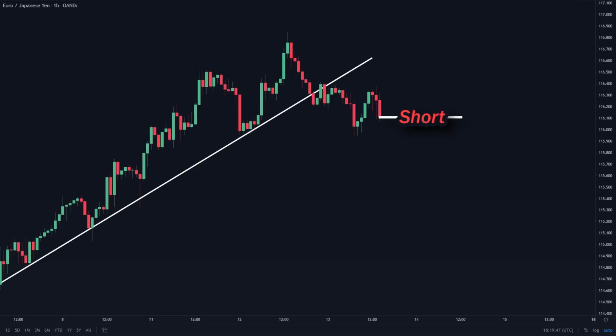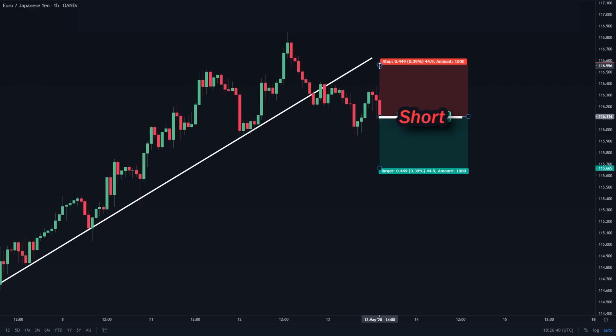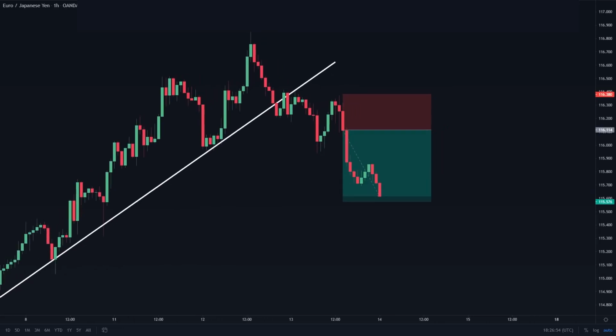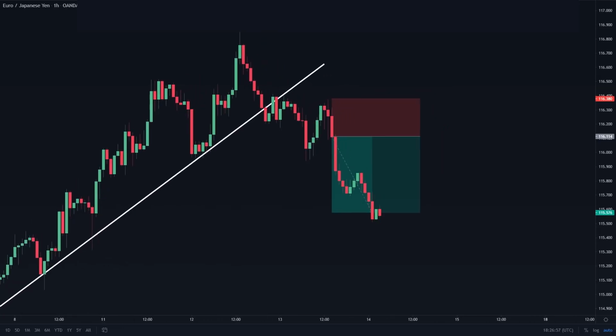And of course, no strategy is 100% accurate, so we need to make sure that our exit strategy is in place. So for our stop loss, we can place it near a key level, which is slightly above the double top pattern, and set your profit target at 2-to-1 risk ratio. And as you can see, this trade ended up being profitable.